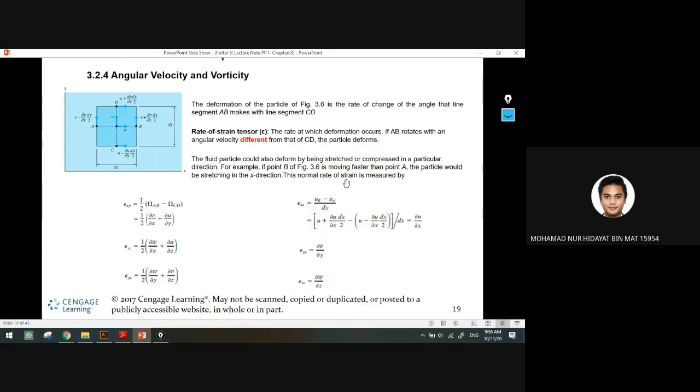This normal rate of strain is measured by the motion occurring in the XX direction. This is stretching. B moving faster than A, so it is stretching a little bit.